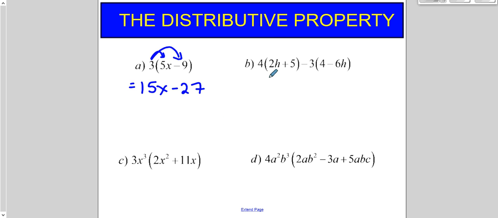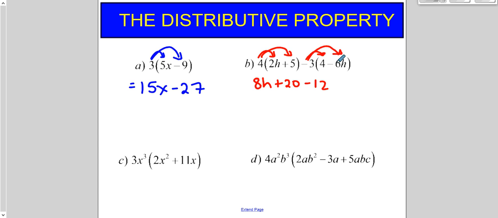All right, so if you're back, let's go and multiply this in. And then this -3, I'm going to have to multiply in. All right, and what do we get? Well, 4 times 2h is 8h, and 4 times 5 is 20. And -3 times 4 is -12.